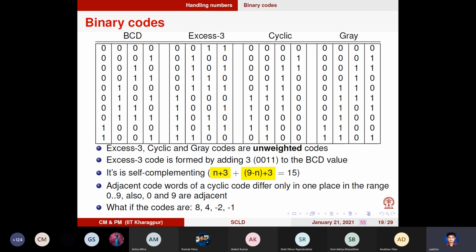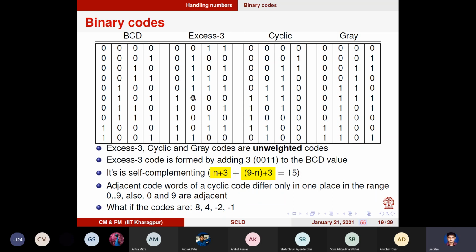So what does that mean? I'm showing this for the XS3 code. If n is a number, then n plus 9 minus n should add to 15.